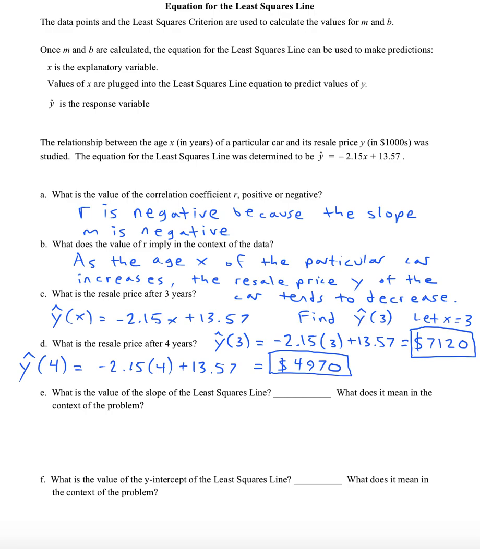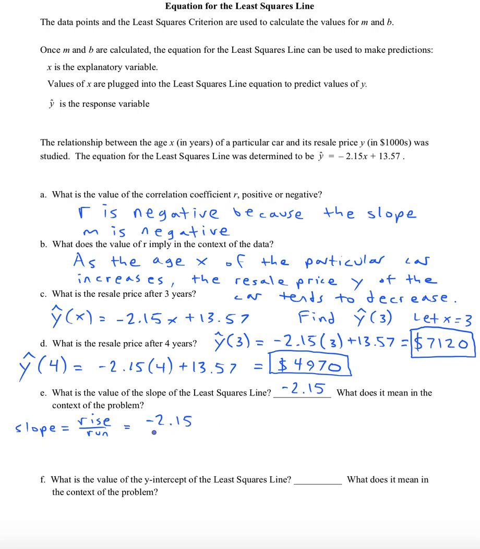Okay, what is the value of the slope of the least squares line? Negative 2.15, but what does it mean in the context of the problem? So, slopes can be defined as a rise over a run. But our number is not in the form of a fraction. Or is it? It's just negative 2.15, right?